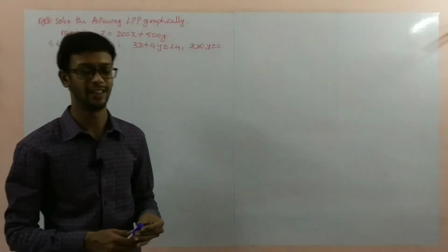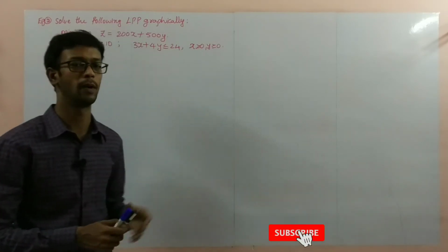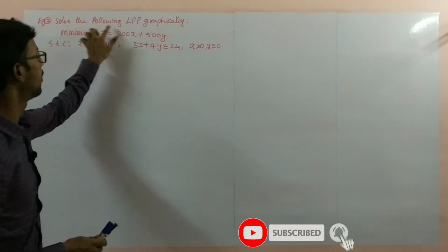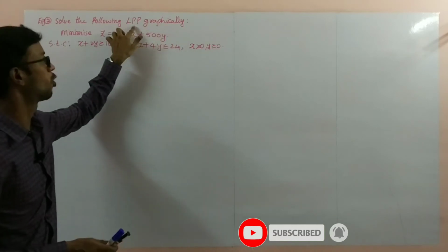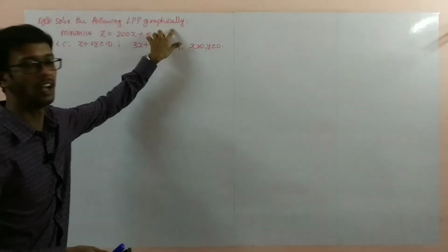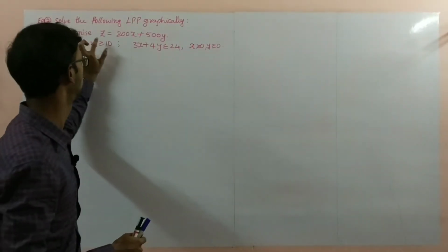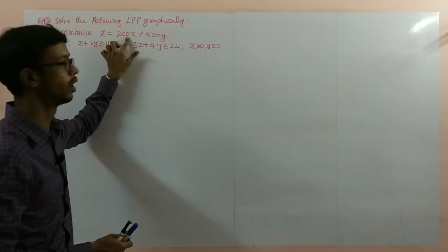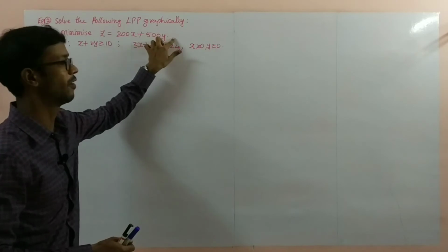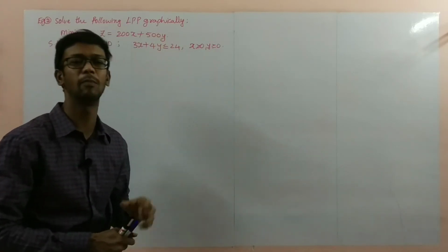Now see another problem. Example number 2. Solve the following LPP, linear programming problem, graphically. Minimize. The previous problem was maximize. Now this problem is minimize z equals 200x plus 500y. That means here we have to find the minimum value of z.